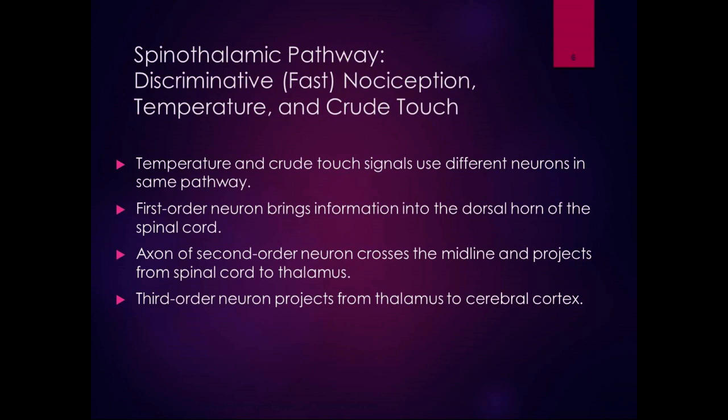The second order neuron, the axon crosses the midline and projects from the spinal cord to the thalamus. And the third order neuron projects from the thalamus to the cerebral cortex. So all of our sensory pathways are going to have that 3 neuron pathway. So it's good to know where each one goes.